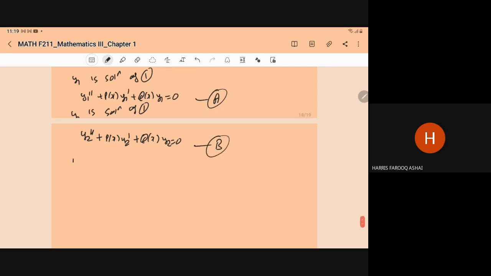So in A, you multiply with y2 and subtract; in B, you multiply with y1.